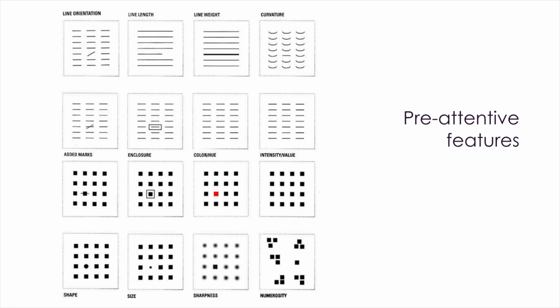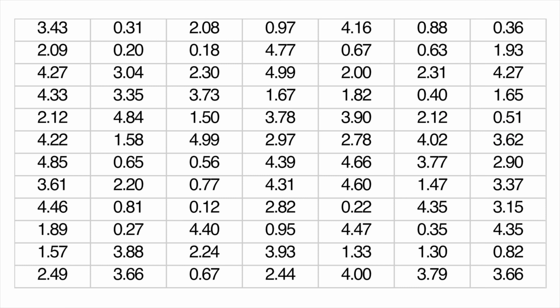But crucially, what you don't see here are words or printed numbers, and that's because text is not pre-attentive. What that means is that if we've got a table of printed numbers like this one, then it's quite difficult to quickly spot the largest and smallest numbers or any kind of patterns.